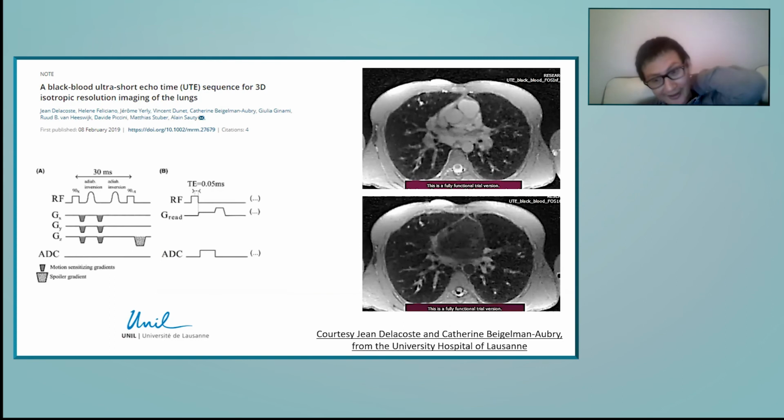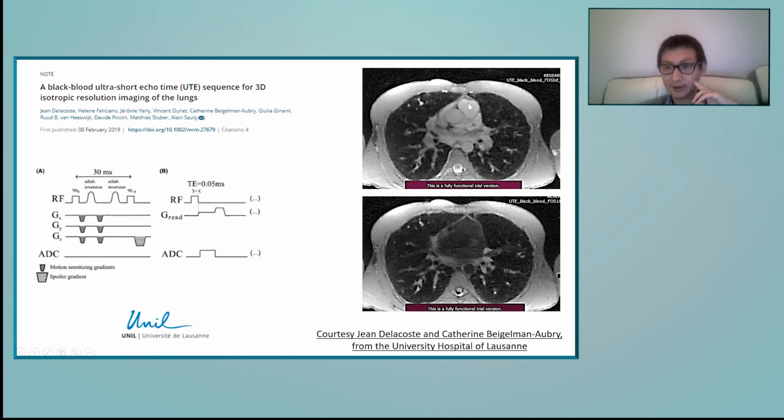So this is an example of work from Lausanne, similar work with a black blood UTE sequence for 3D. These images were shared, and I thank Jean Delacoste and Catherine Benjamin Aubry for having shown them to me. And this is a 3D radial acquisition, but without any contrast injection. Here is the first acquisition without the black blood preparation, and the same image with the black blood acquisition.